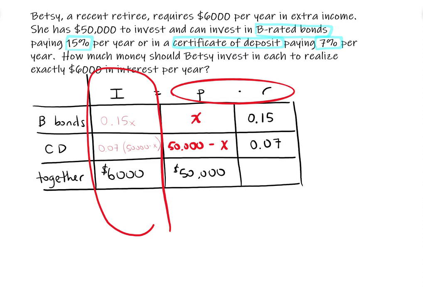Now I know that I'm going to earn a certain amount of interest in one and a certain amount of interest in the other. The total interest I want to earn is 6,000. So I'm going to add these amounts together, and I want the total amount to be 6,000.